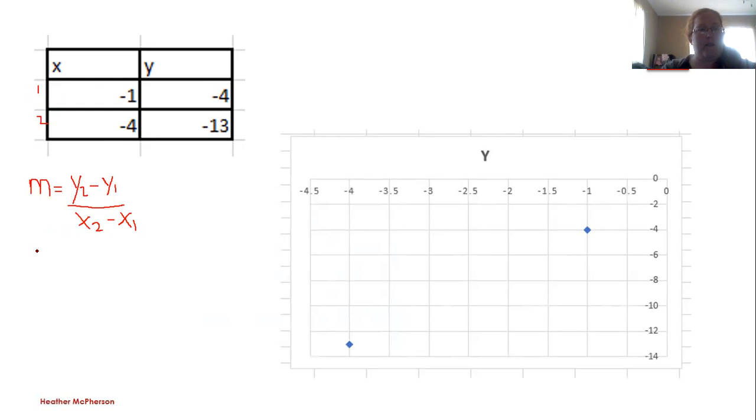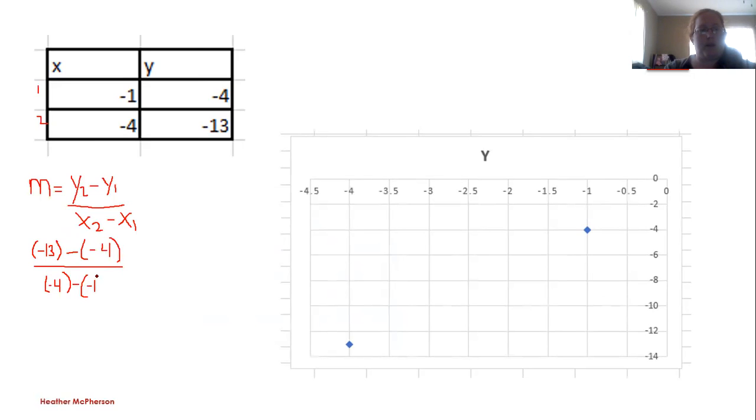So then you would have -13, and since it's a negative, we're going to put it in parentheses, minus, again, parentheses, -4. And then you're going to have over -4 minus -1.